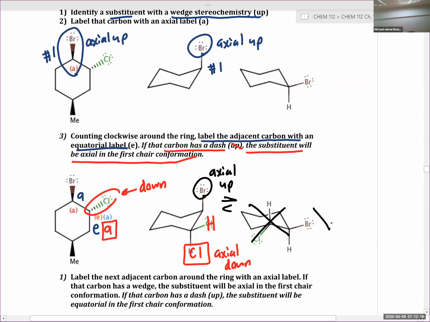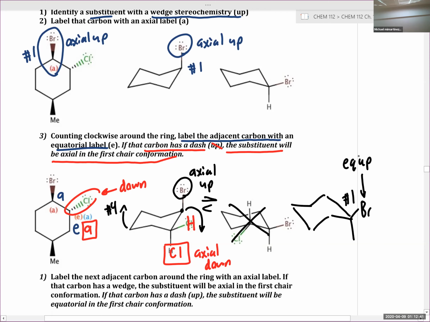So after our chair flip, where we bring carbon number 1 down and carbon number 4 up, our bromine at carbon number 1 will now be in the equatorial up position, and our chlorine will be in the equatorial down position.